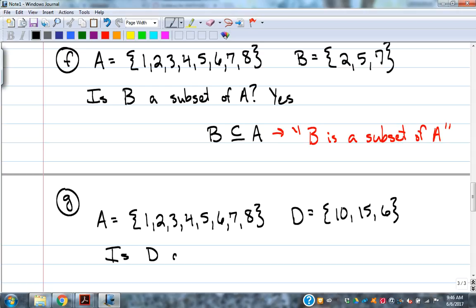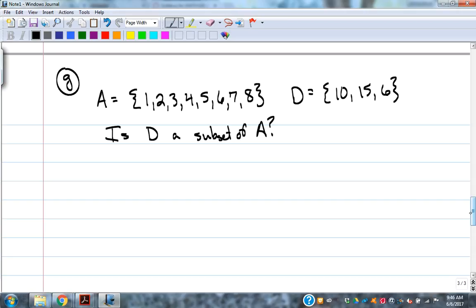Is D a subset of A? Well, is everything that's in D in A? No, 10 and 15 are not. So the answer to that would be no.